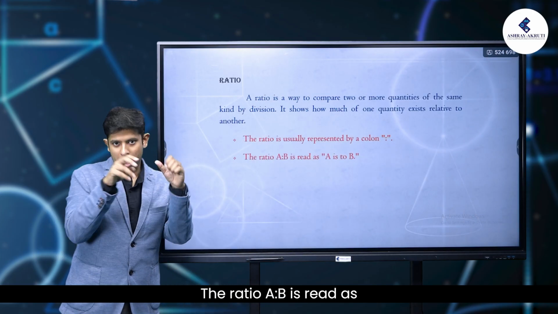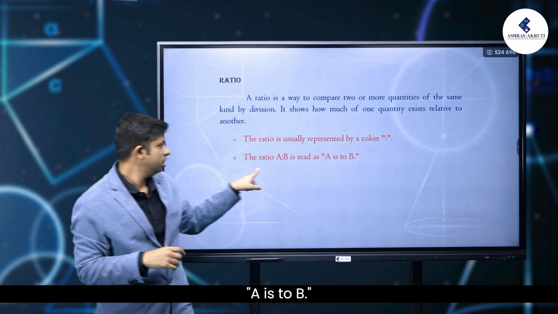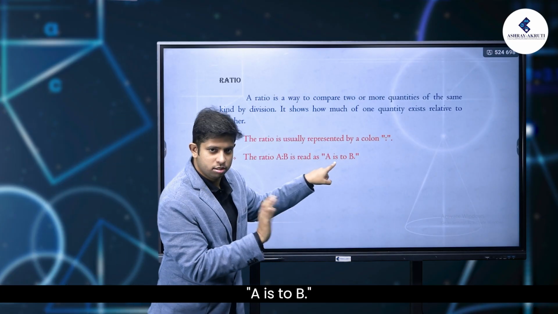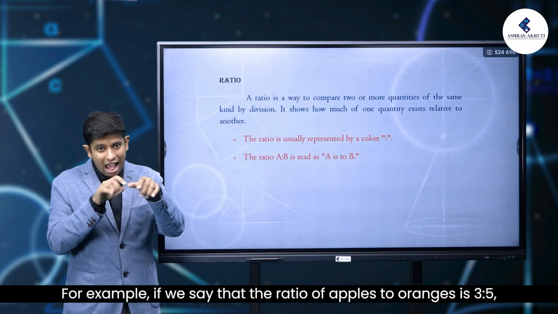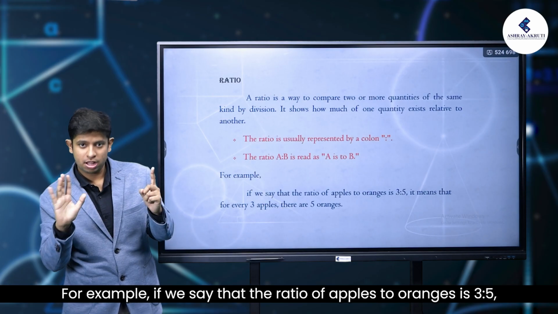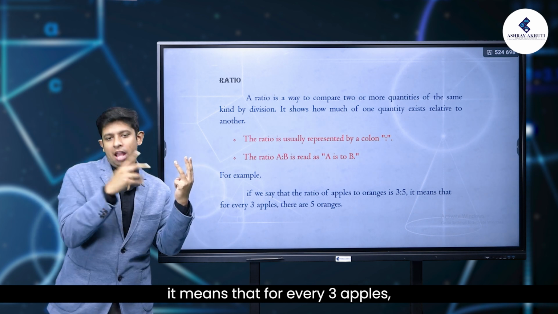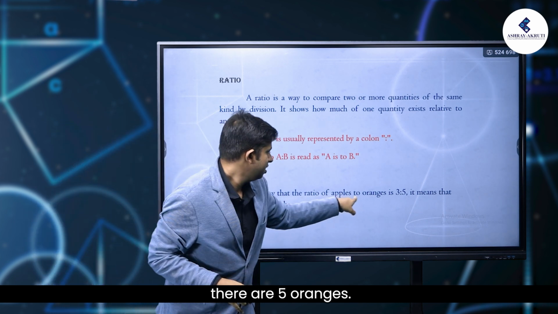The ratio A:B is read as A is to B. For example, if we say that the ratio of apples to oranges is 3:5, it means that for every 3 apples, there are 5 oranges.